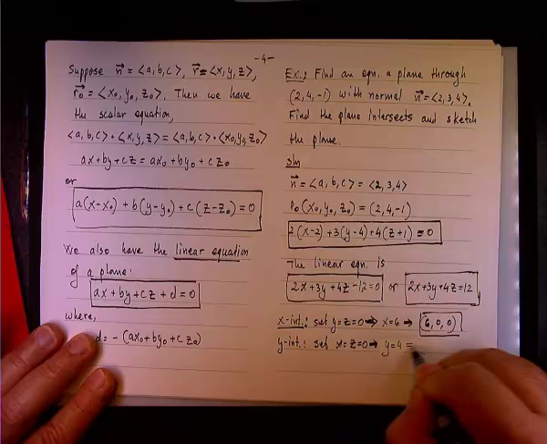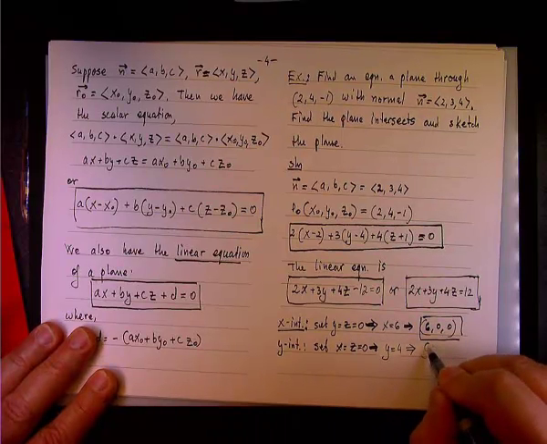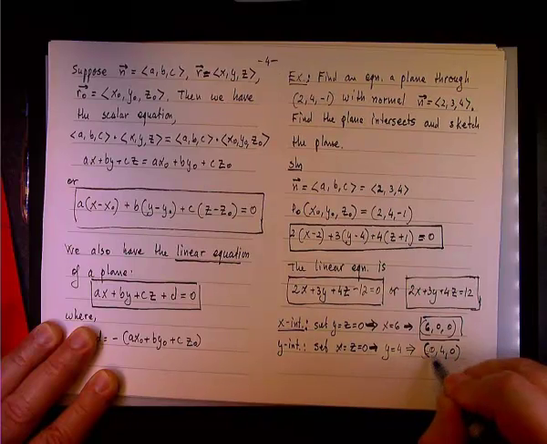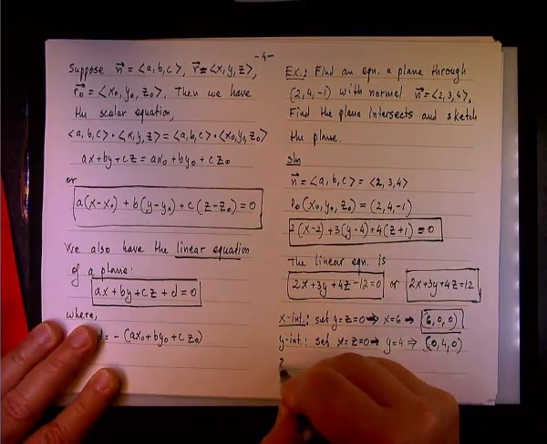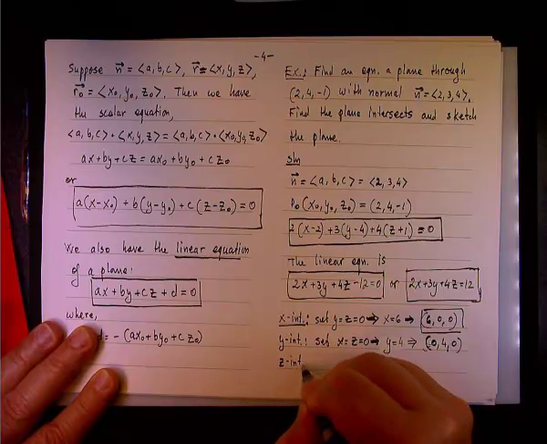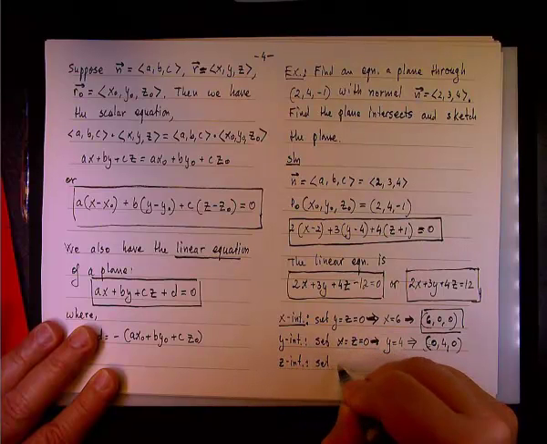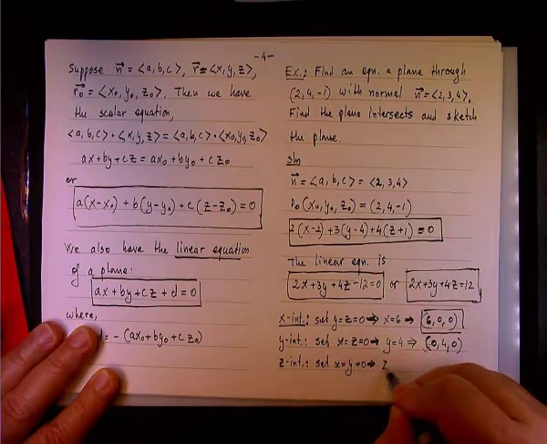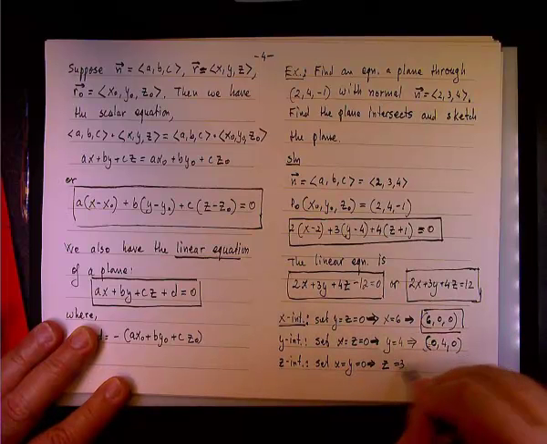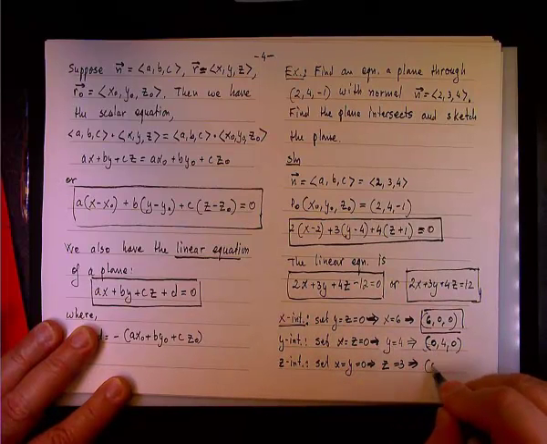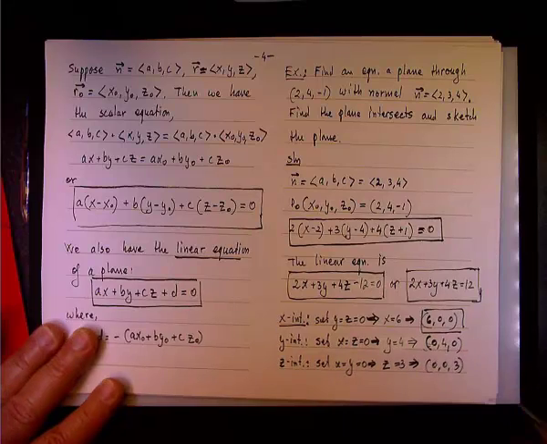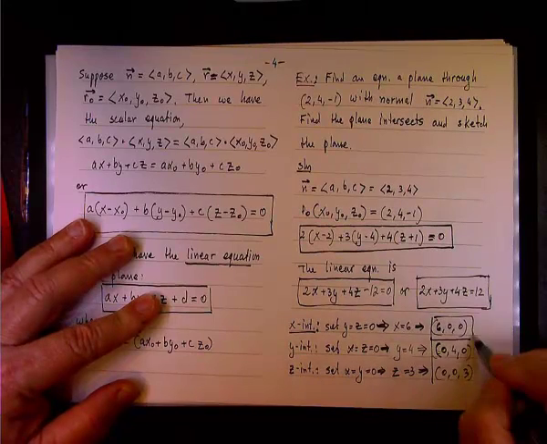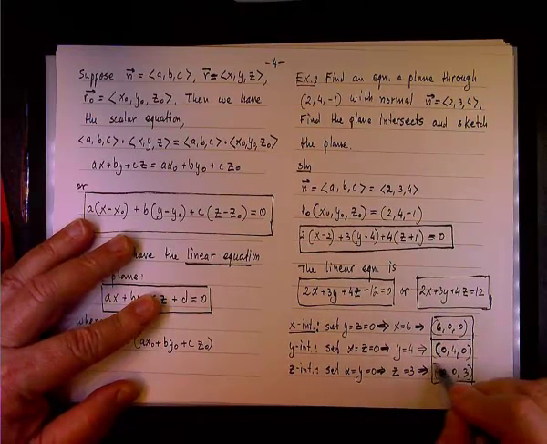So if x and z equal 0, we have 3y equals 12, or y equals 4, and the y-intercept will be (0, 4, 0), like so. And finally, the z-intercept, we set x and y to equal 0, and now we can say 4z equals 12, z equals 3, and therefore the actual point would be (0, 0, 3).